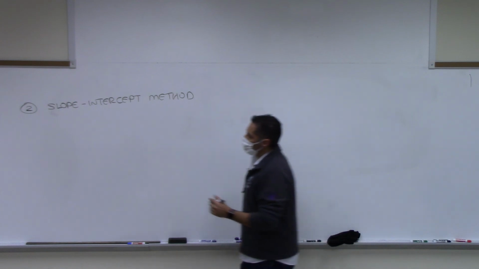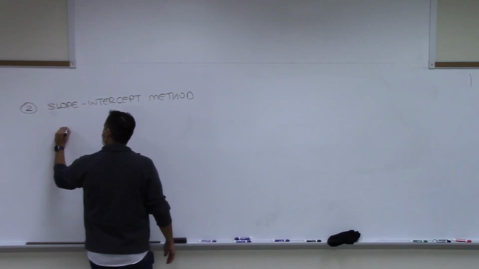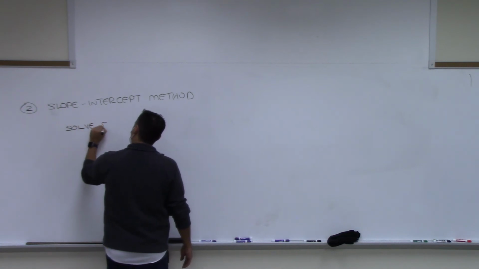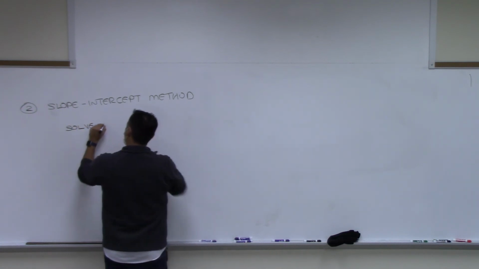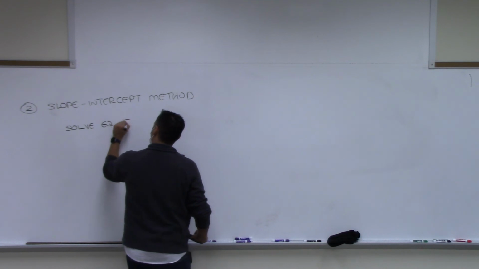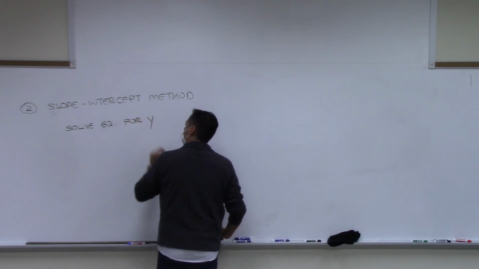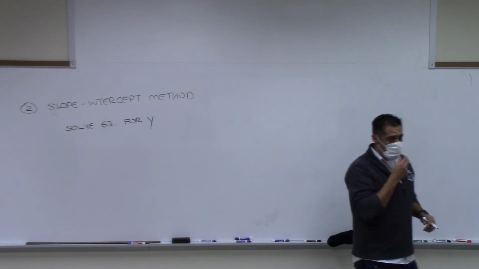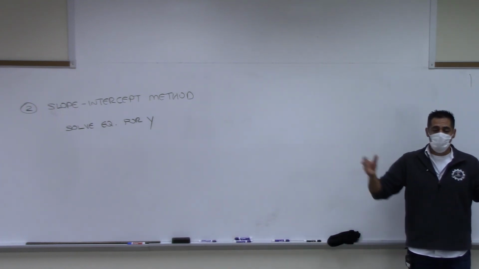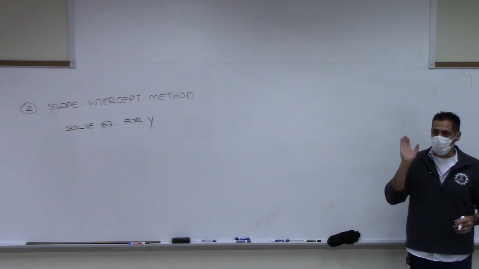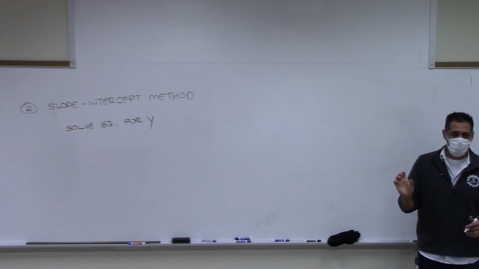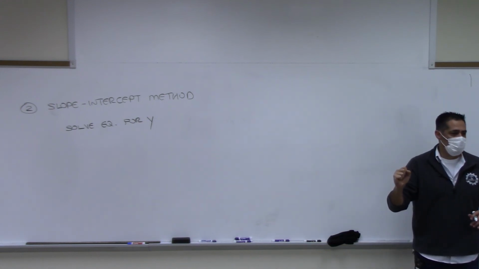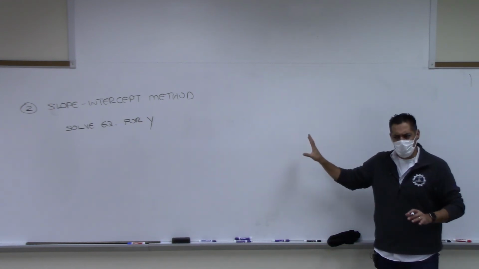You're going to take your equation and solve it for y. That's the very first step of what's called the Slope-Intercept Method. Whatever linear equation you're given, you want to solve it for y, meaning you want to get y by itself on one side of the equation. That's the hard part of this method, getting that done. Now I'll show you an example.